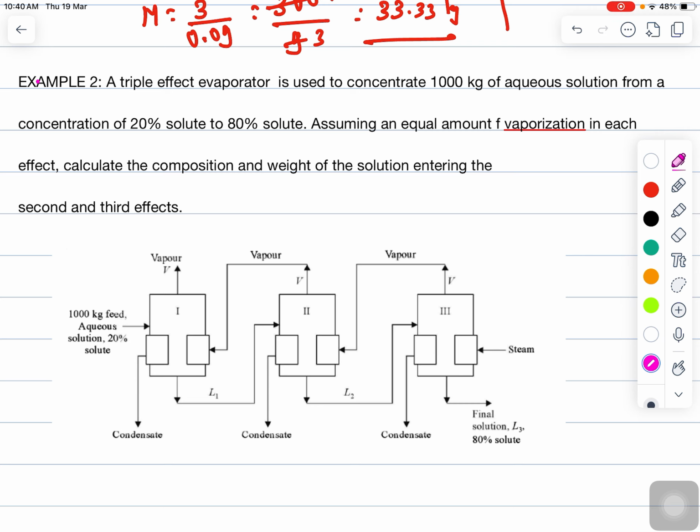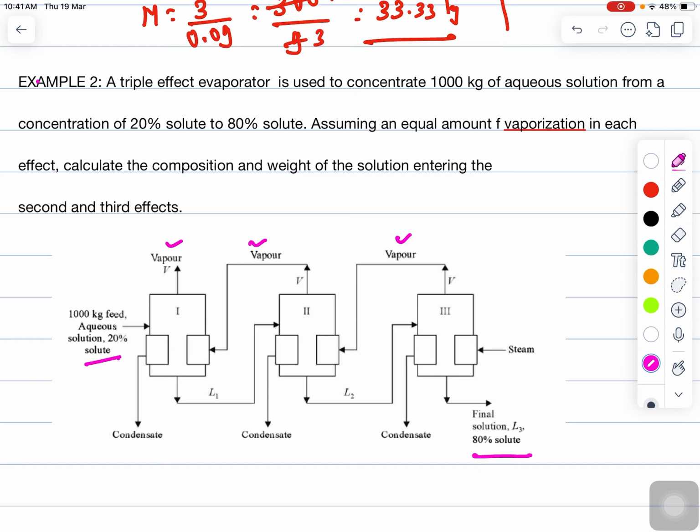You see, a triple effect evaporator is used to concentrate 1000 kg of solution from a concentration of 20% to 80% as the product, assuming an equal amount of vapor in each effect. So here the vapor in each effect is the same. Calculate the composition and weight of the solution entering the second and third effect.